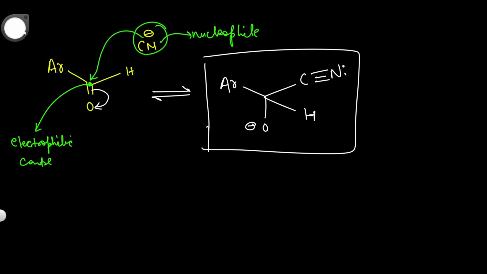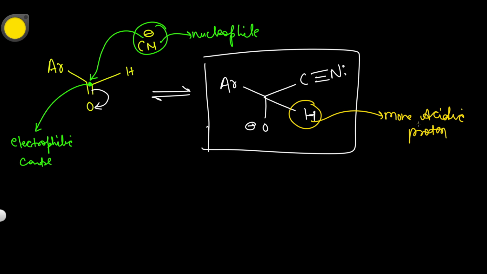Now you see in this step, here is an O minus, and you know that the O minus is acting as a base here. Why is it acting as a base here? Because this proton is a more acidic proton. Why is it more acidic?